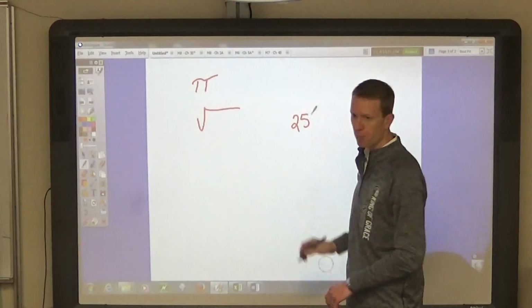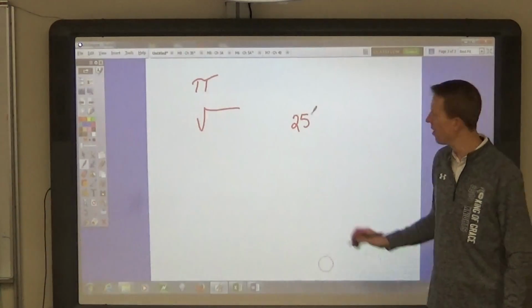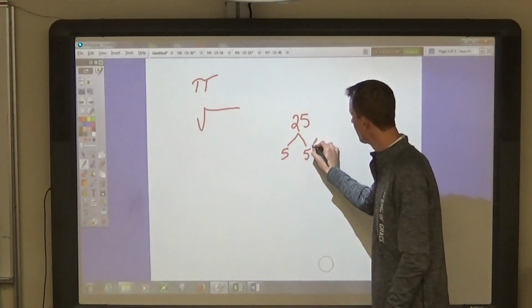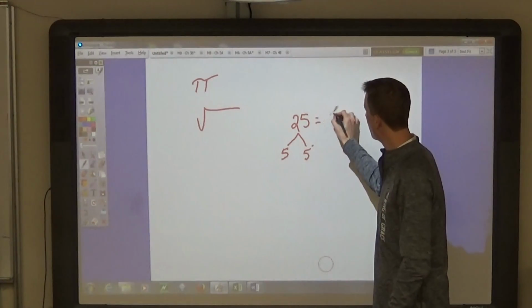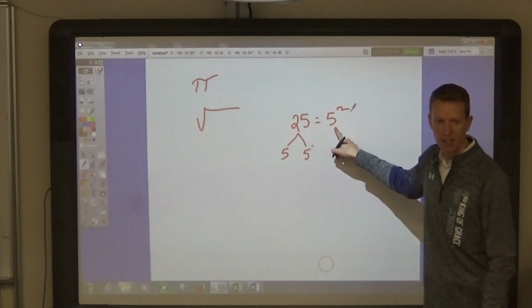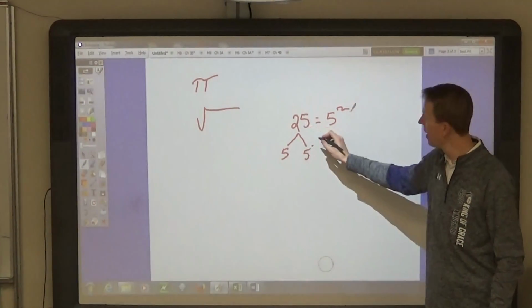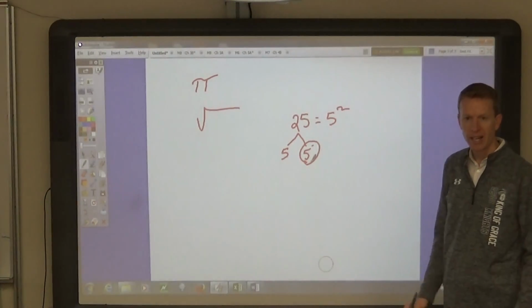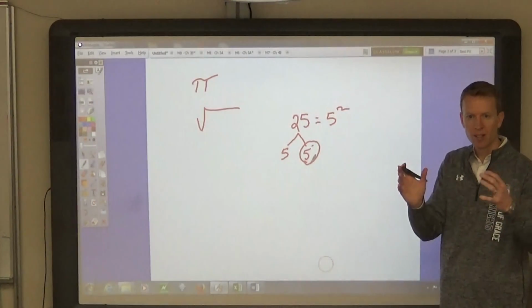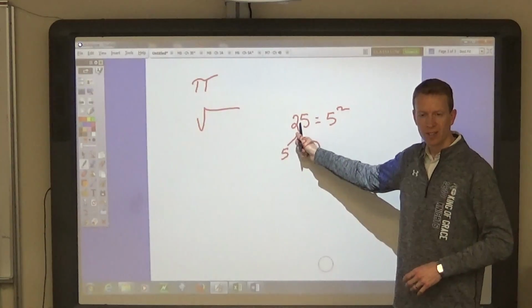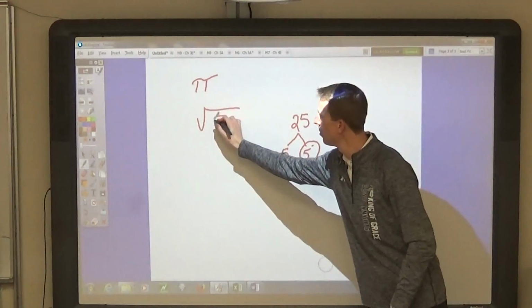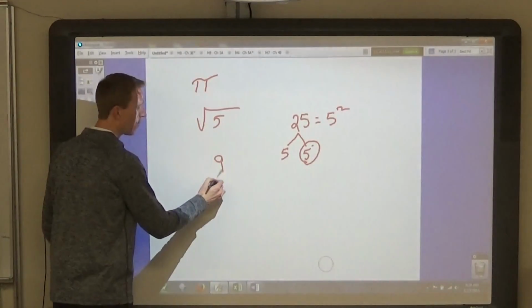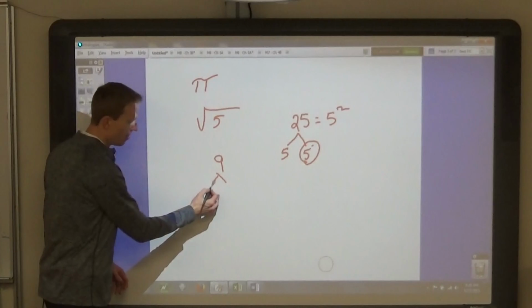Since 25 is a perfect square, in other words, you get 25 by using 5 times 5. That means 5 squared is how you get 25, and this is the square root. It's the same number squared is called the square root. Okay? So the square root of 9, for example, is 3.